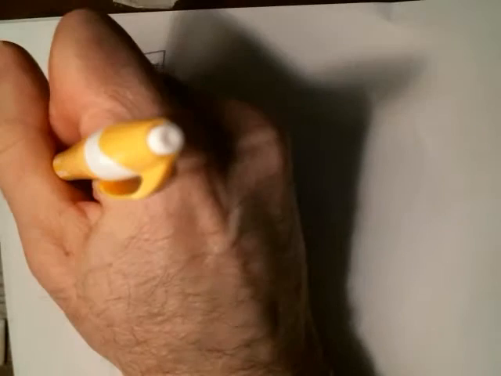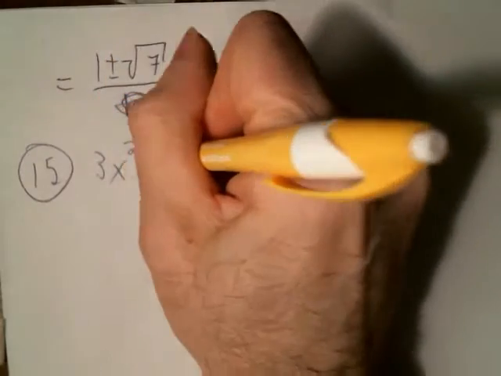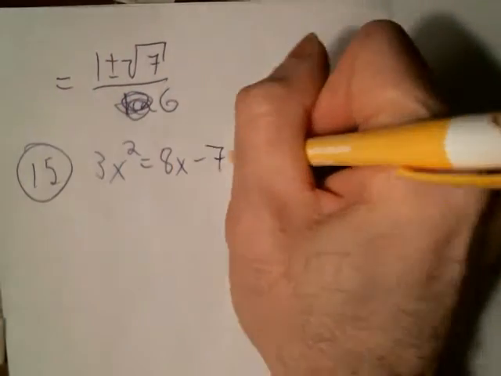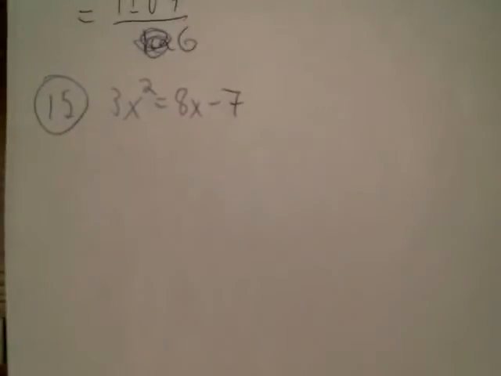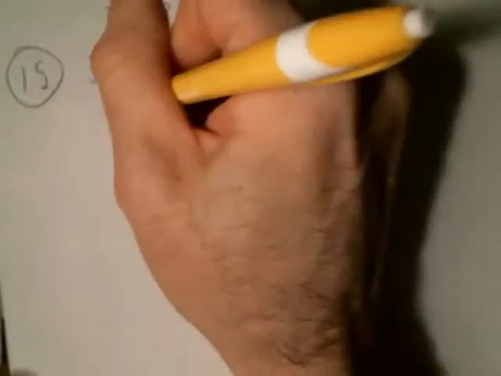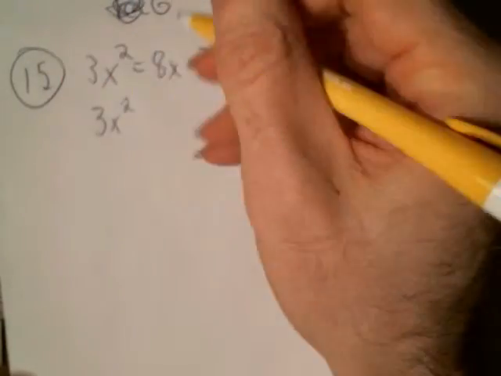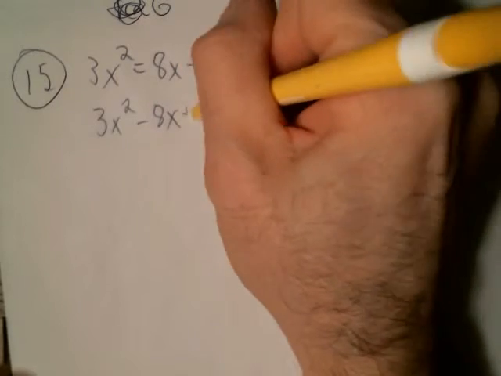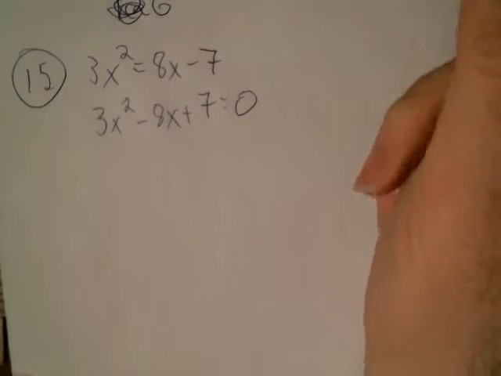Okay, let's see if I get another chance of redemption here. Yes, I do. Number 15. So we'll have 3x squared equals 8x minus 7. And the first step is to set it equal to 0. 3x squared minus 8x plus 7 is 0.